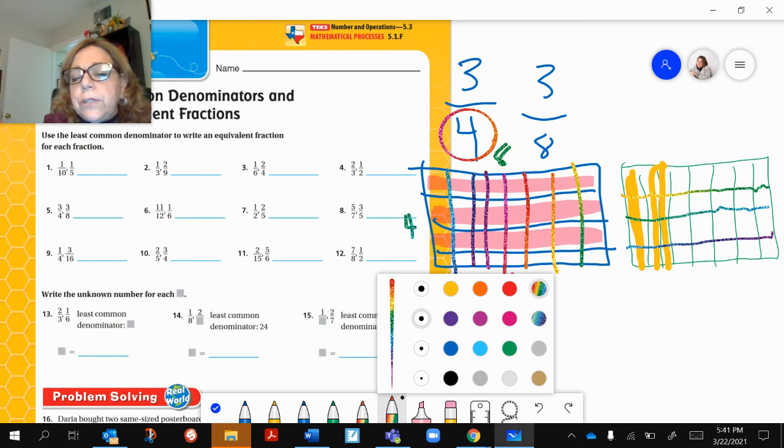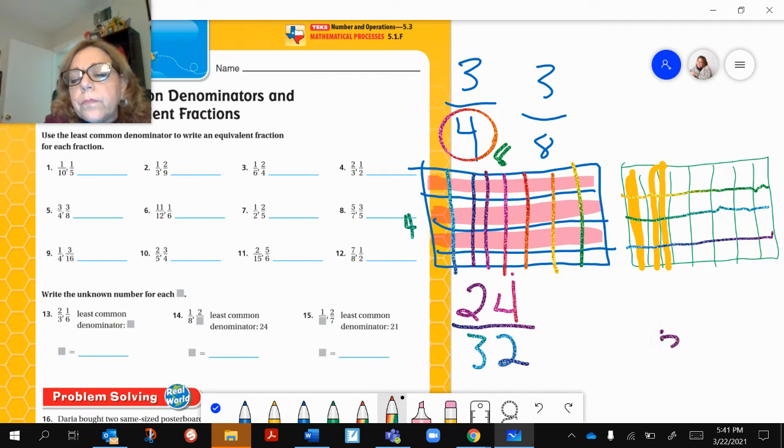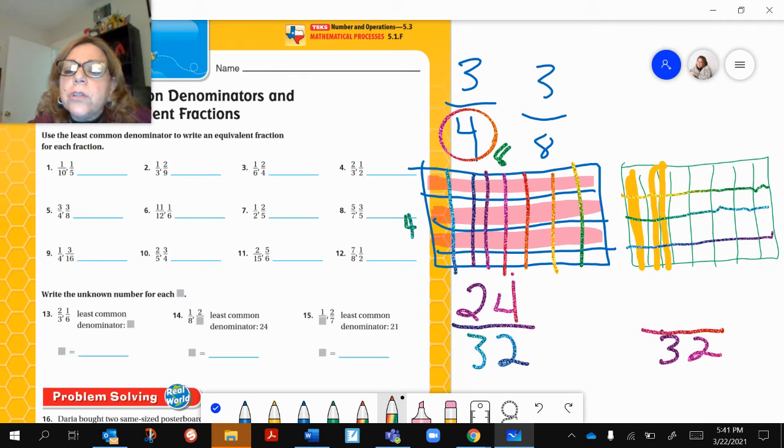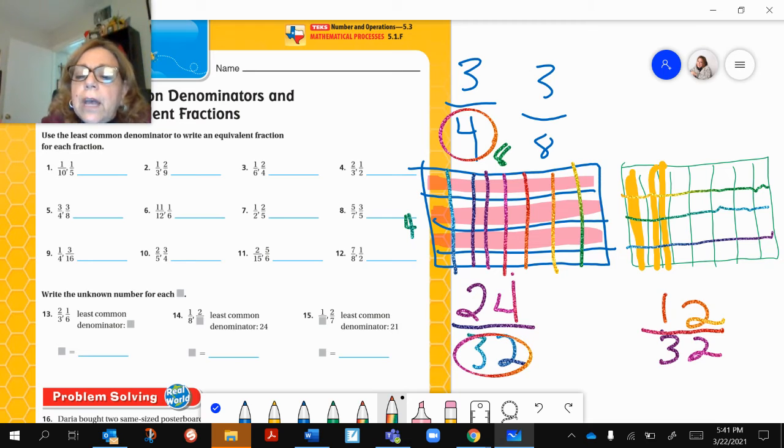I have 32. I still have 32 over, but how many are actually colored in? This goes 3, 6, 9. I have 12 of the 32 colored in. So now my common denominator that I've figured out is 32.